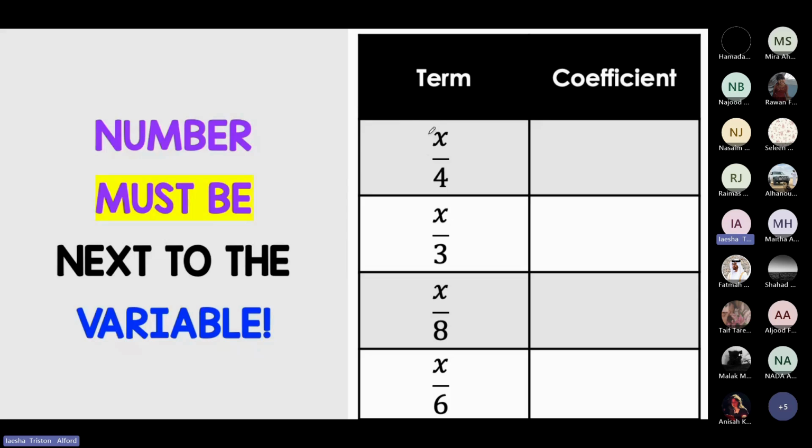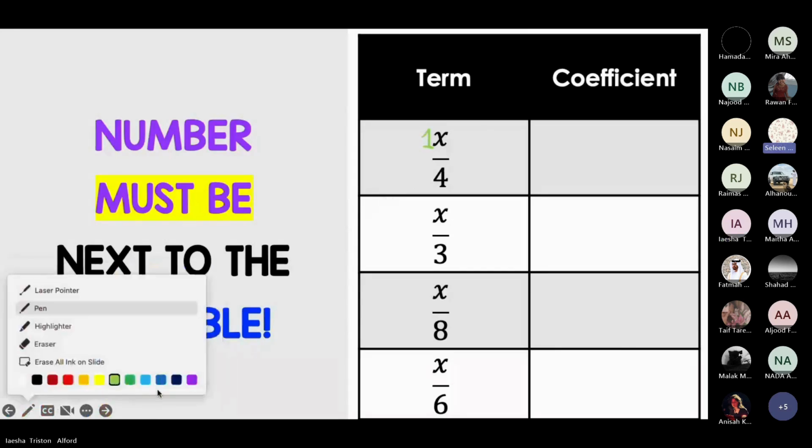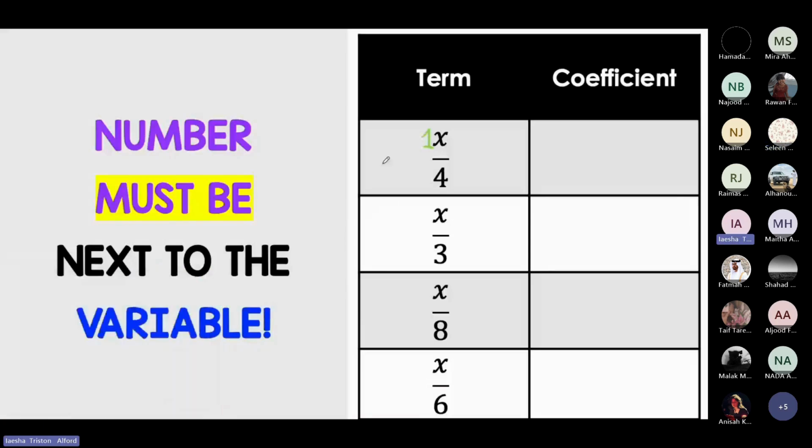The closest thing I heard is: what number is next to our x? Positive 1x. Okay, fine. Now what is the coefficient? No. Oh, wait, I might have heard it.